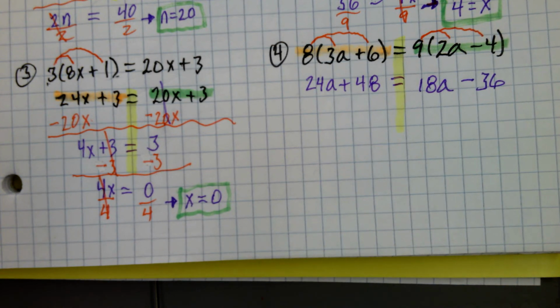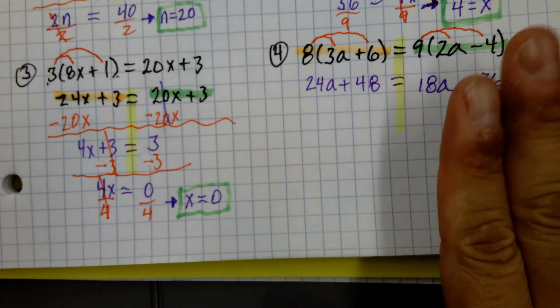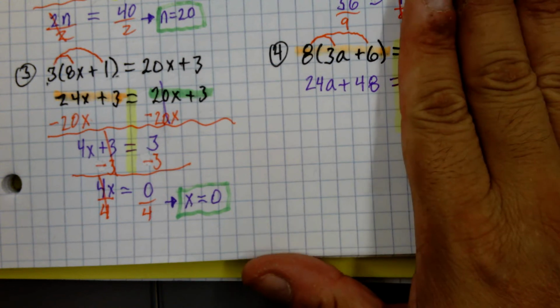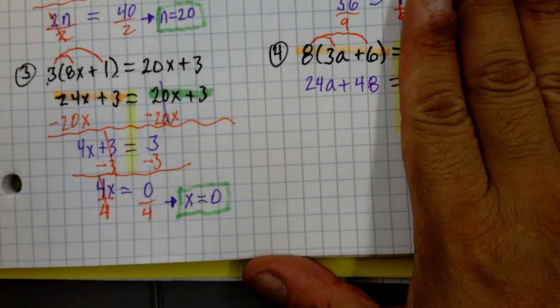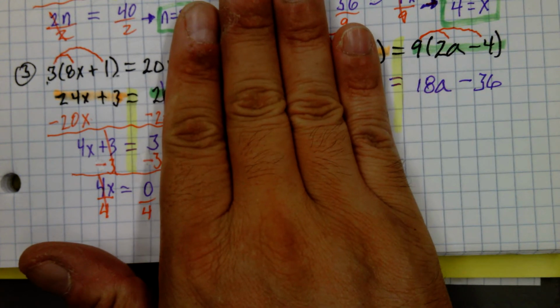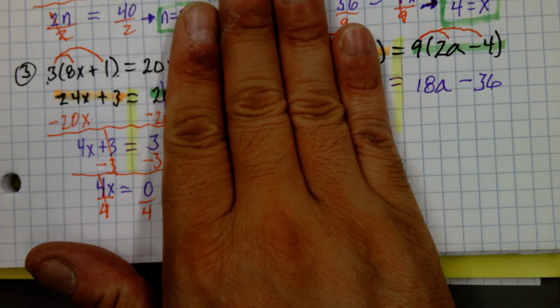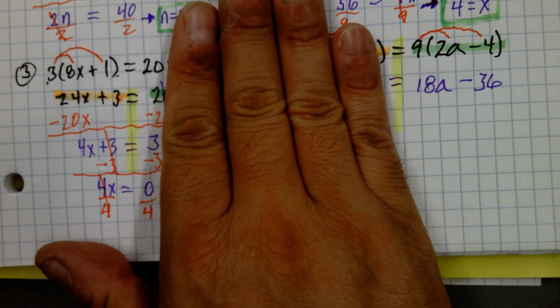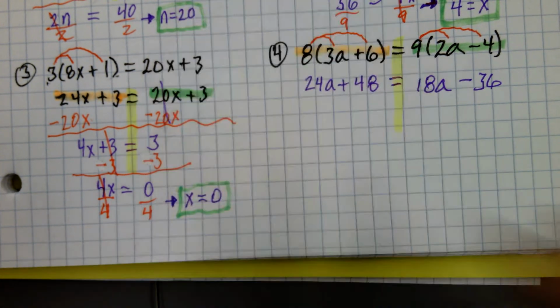So let's go on to the next. What's our step after distributing? Combining. If you notice, we haven't had to combine anything because I'm looking here on the left side, nothing to combine. I'm looking here on the right side, nothing to combine. Next time we do a lesson, which is on Monday, we will be combining.